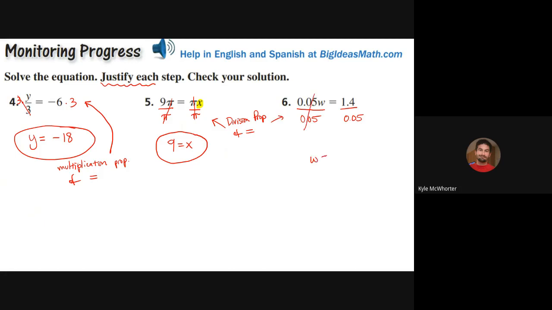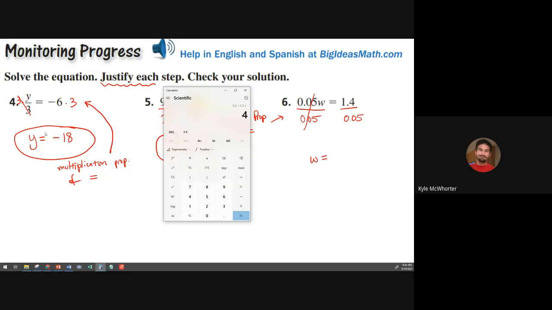So then we're going to get w equals, get a calculator, 1.4. And remember, fraction always means top divided by bottom. 1.4 divided by 0.05 equals 28.